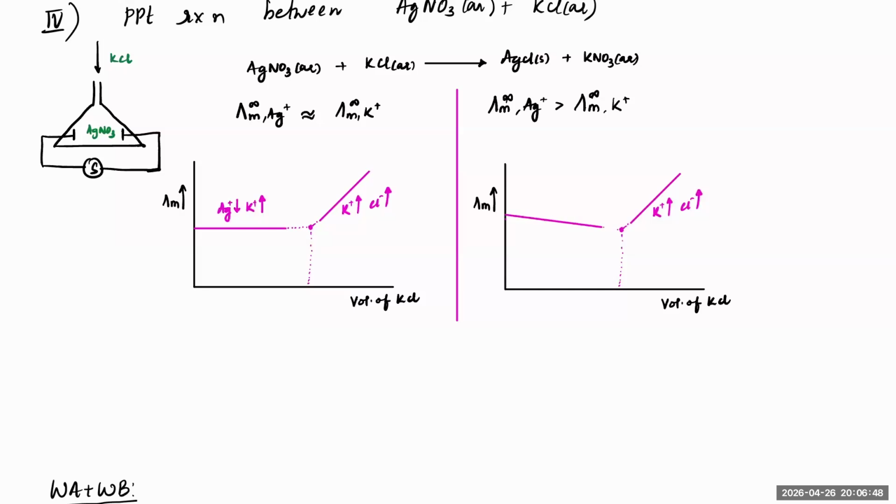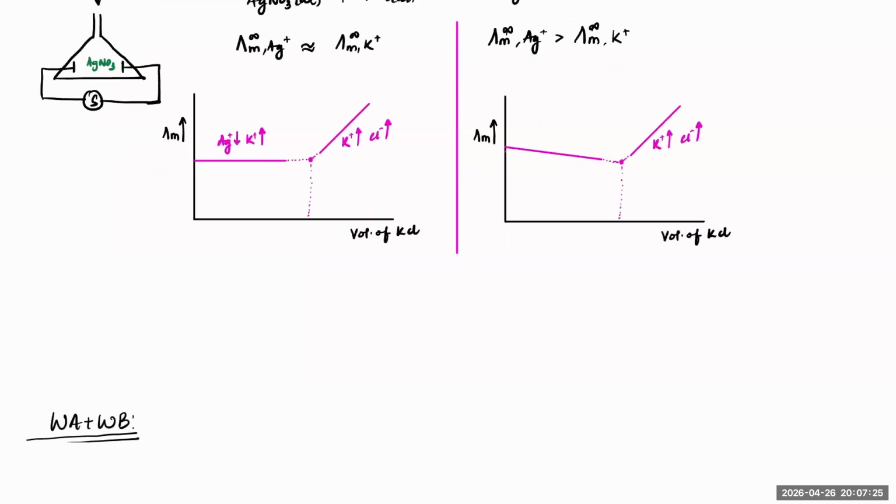It will go and touch here like this. So the lambda m value will be going this way.